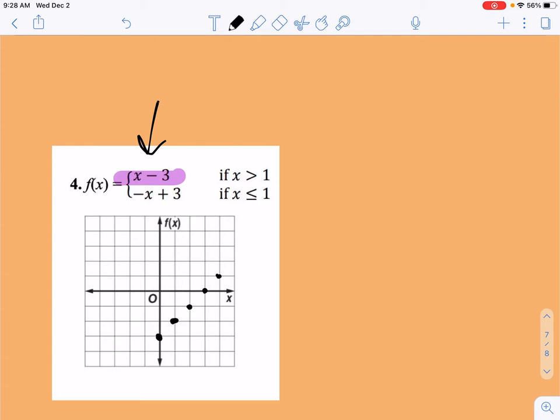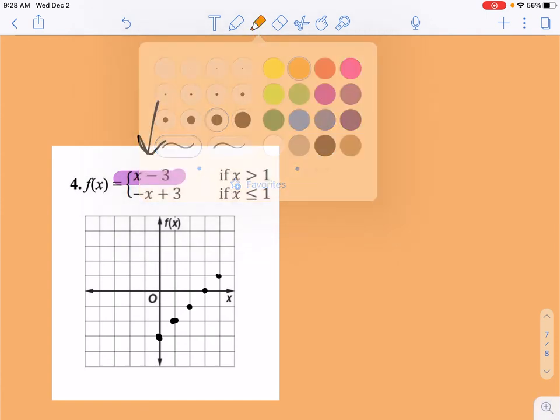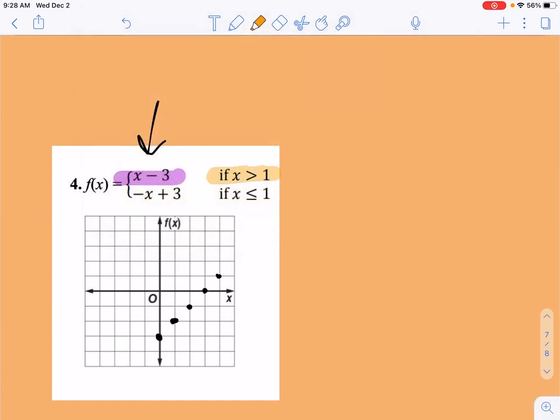But this is where we have to take into account the other part of this. It says, but only if x is greater than 1, all right? So a couple changes I got to make here. First of all, I'm not going to include this point because it's 0. It's less than 1. And then the actual point itself of 1, we have to change to an open dot to show that it's all the points that lead up to that but does not include 1.